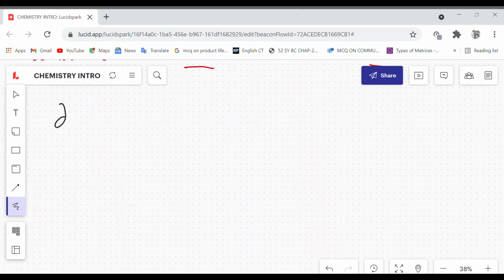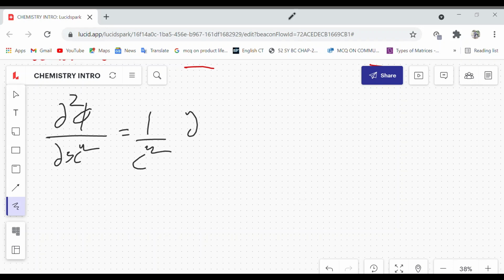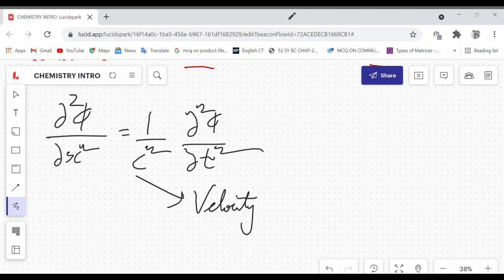Dou square phi divided by dou x square equal to 1 by c square dou square phi divided by dou t square. C is velocity of propagation.